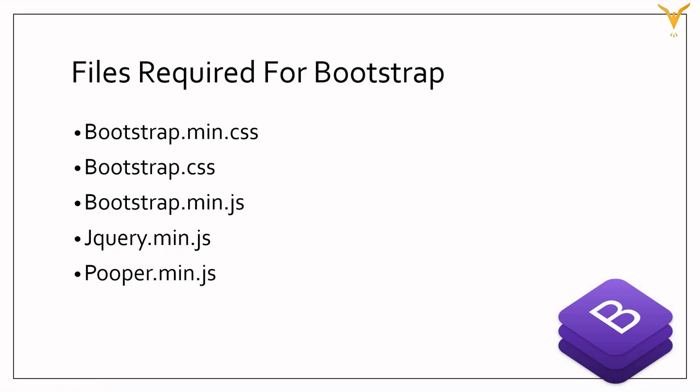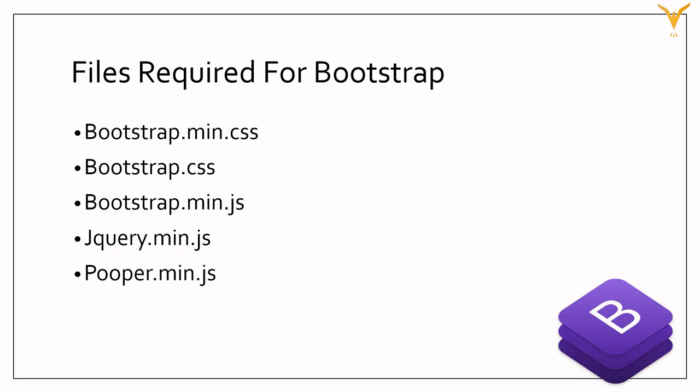What do we mean by minified version? It means all the extra spaces and comments in the file have been removed so that the size of the file is reduced.